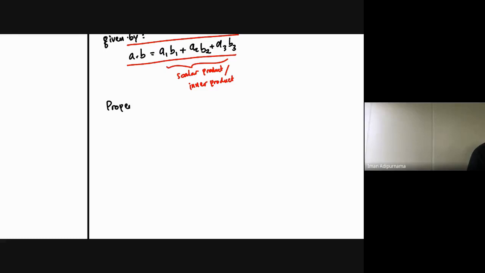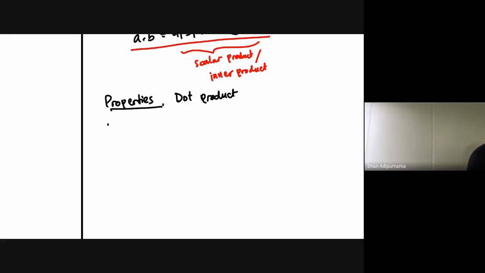And we have the properties for the dot product. If you dot the same vectors, you will get the magnitude squared. And you can reverse the sequence, same thing, because you multiply and add, and the result is a scalar.